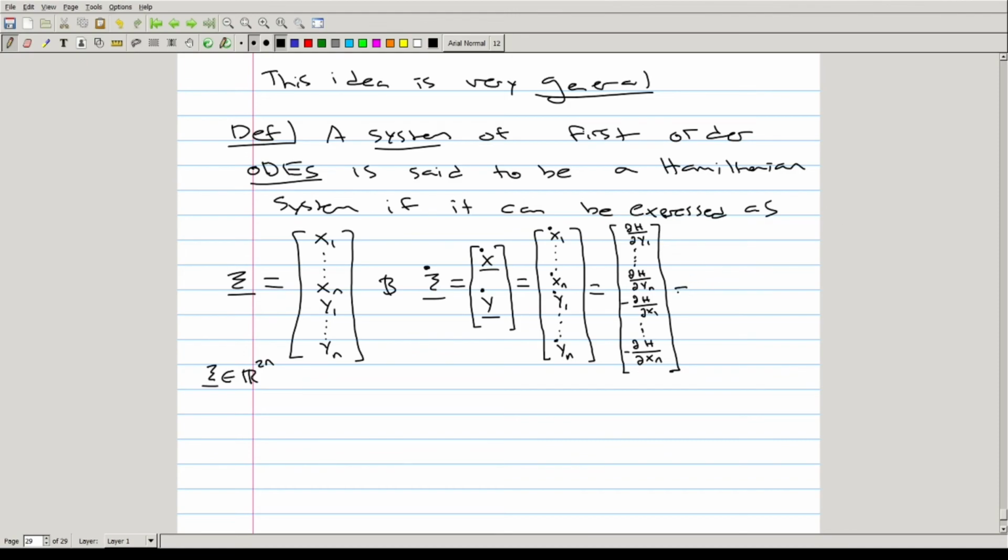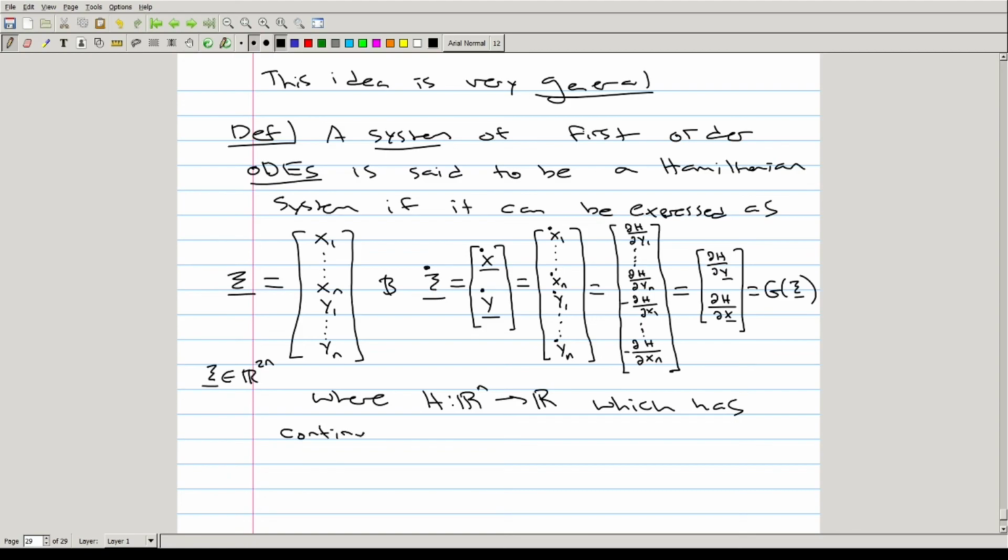We call it a Hamiltonian system, where the right-hand side here, in general, is dH/dy, negative dH/dx, or just g of xi, where H is a function from Rn to R which has continuous first order partial derivatives.